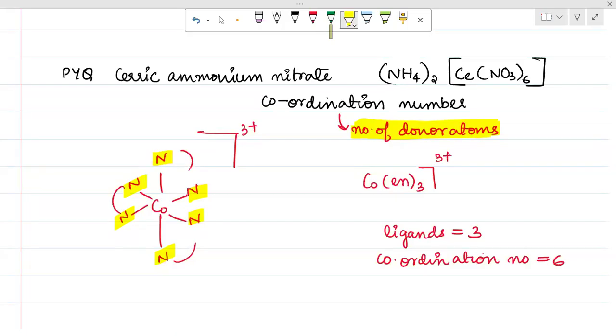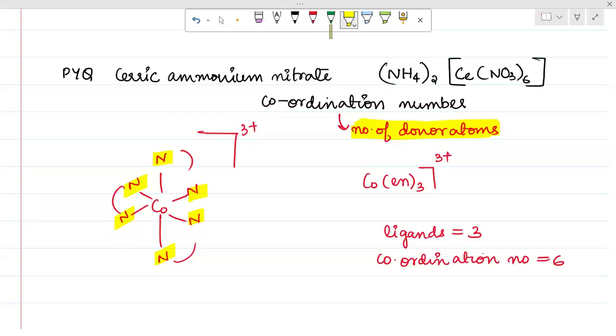So understand that over here, NO3 is a flexidentate ligand. It can be monodentate or bidentate. Correct. So it is with cerium. Cerium is a very big metal, so that will act as a bidentate ligand. So there are 6 NO3s.